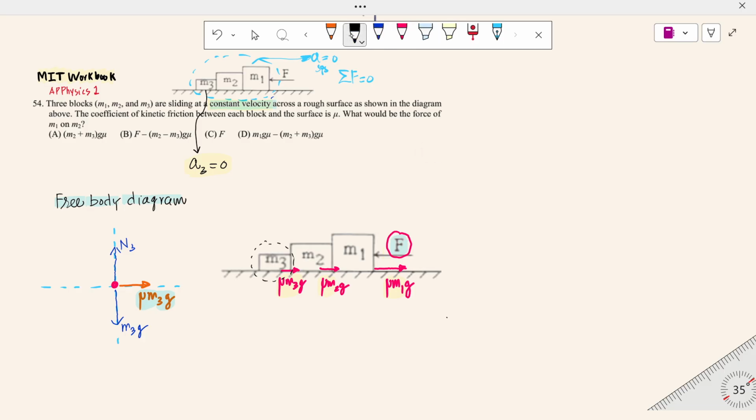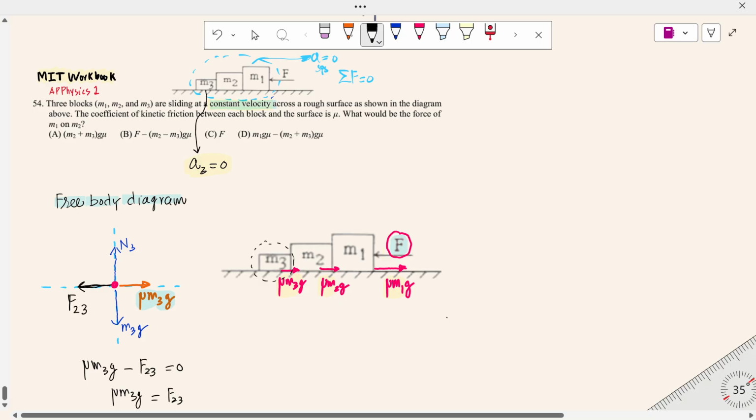And students, this is an equal amount of force, a contact force, which is applied by block 2 on block 3, which I can call F23, applied by 2 on 3. So from this, can I say that mu m3g minus F23 is equal to 0, and mu m3g is equal to F23?